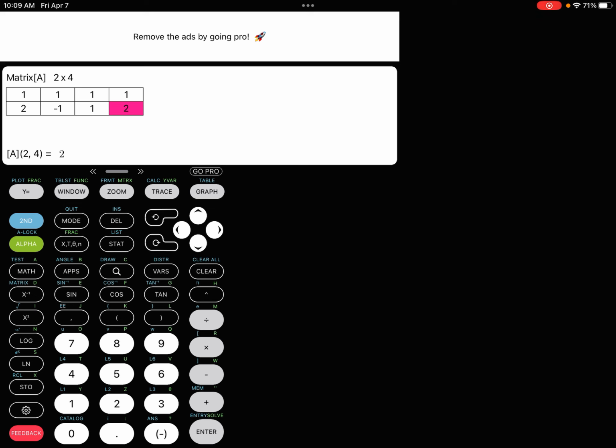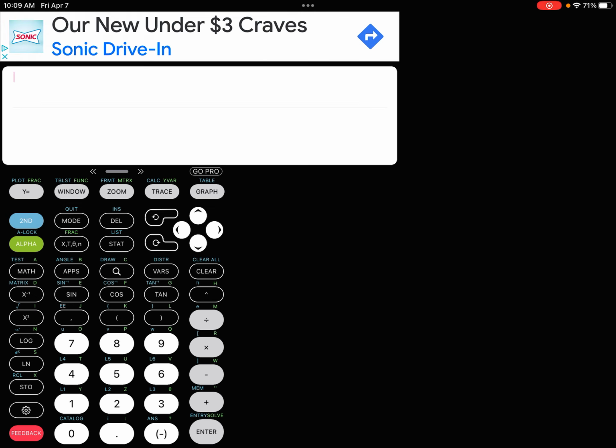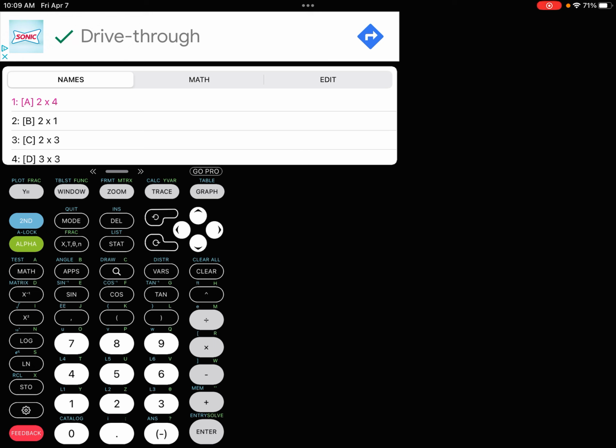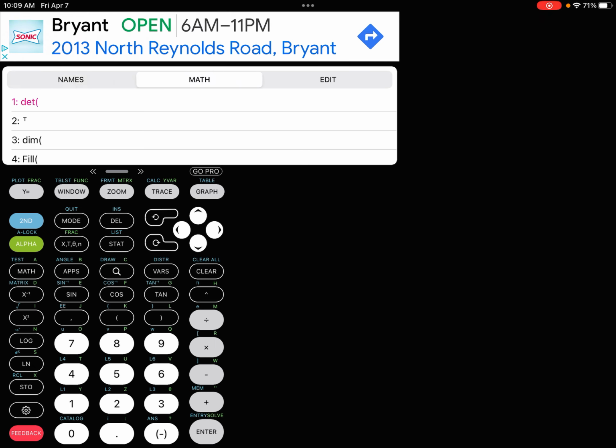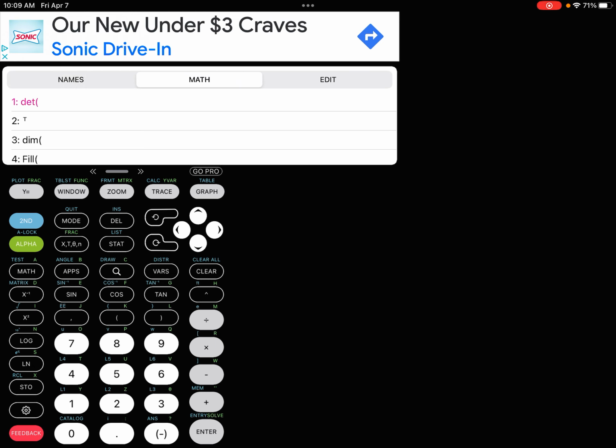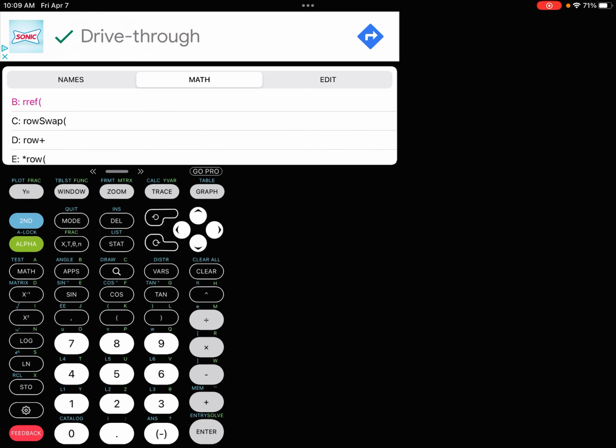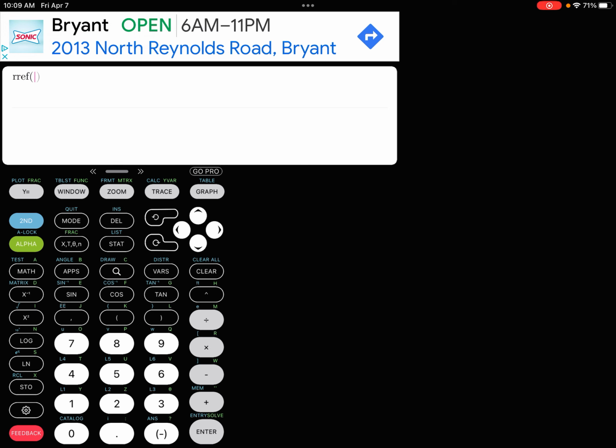Now once I have that in there, I'm going to do second quit, and then I'm going to do second matrix. I go over here to math, and I find the rref. Okay, there it is, rref.